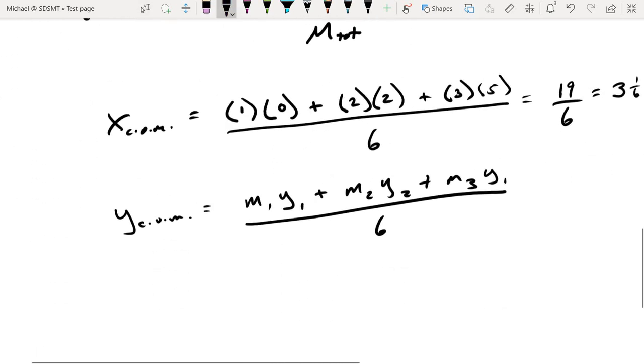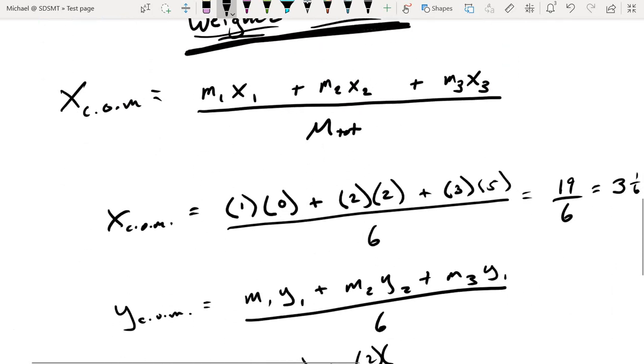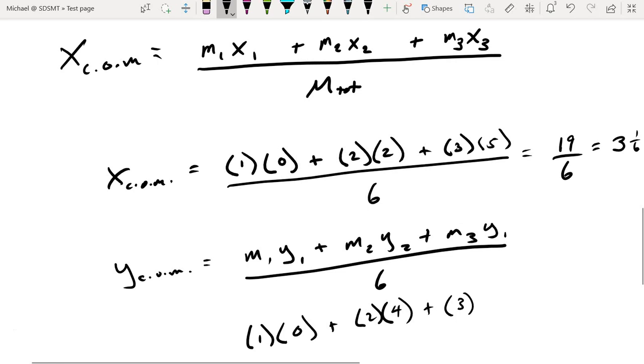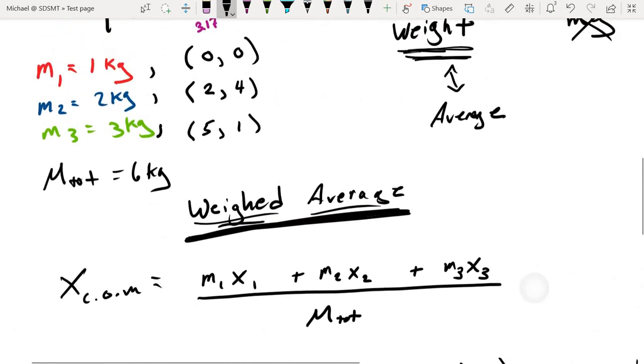Alright, so mass 1 is still 1. y1 is 0, because we're at the origin. Mass 2, y2 is 4. Mass 3, sorry, this should be y3, not y1. y3 is equal to 1.